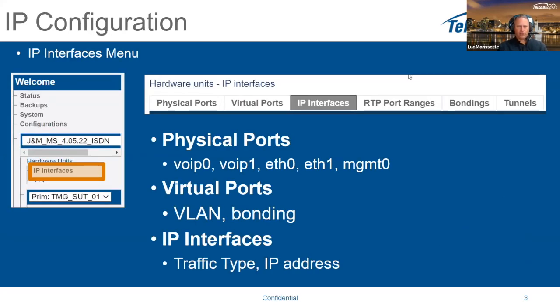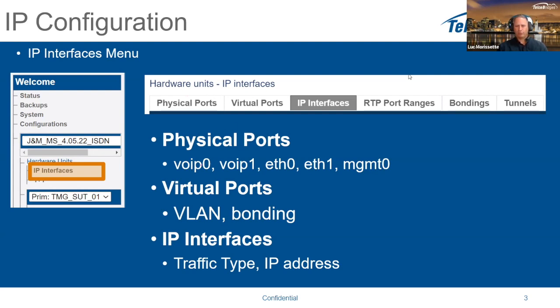So you saw Joshua went through this configuration here, hardware units, and just below hardware units, you have IP interfaces. You can click on this to configure all those ports on the system. When you get in, you're by default in this IP interface section because this is the most used tab. But you can, of course, choose other elements here.